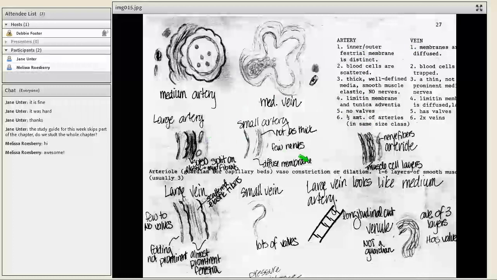Let's see, the other thing you need to know. Large veins have fewer valves, if any. It's not as prominent. A large vein looks closer to an artery in that sense. A small vein will have lots of valves because of the pressure difference. So a large vein looks like a medium artery, as far as size and characteristics.